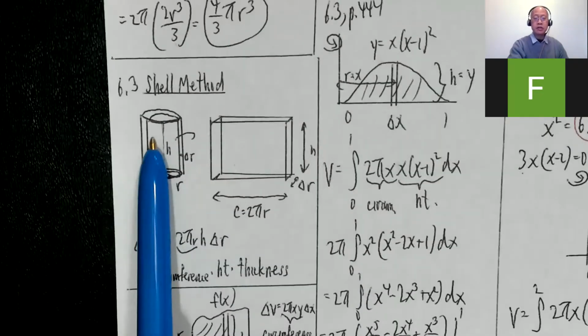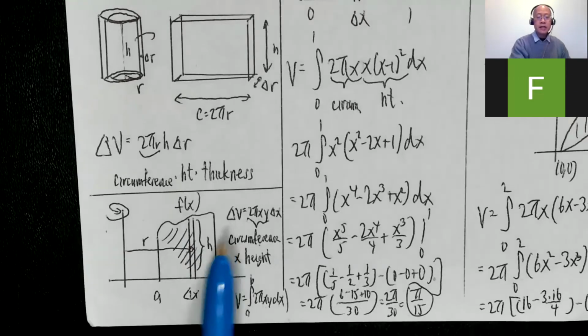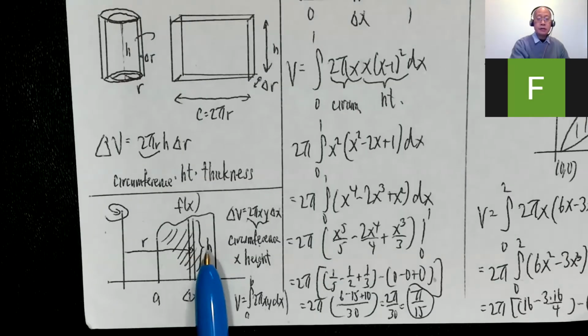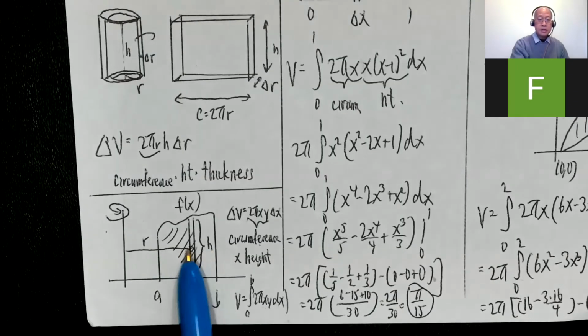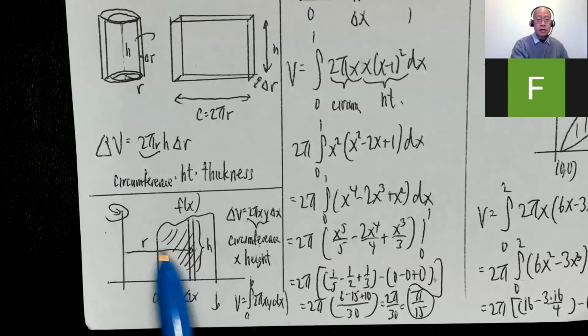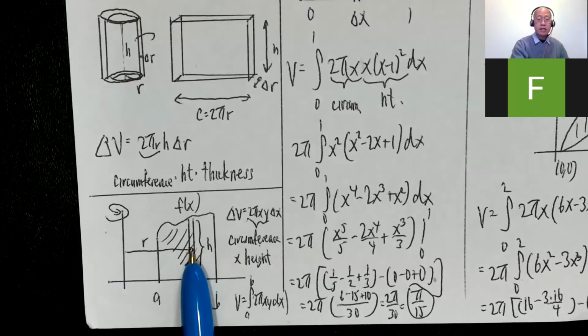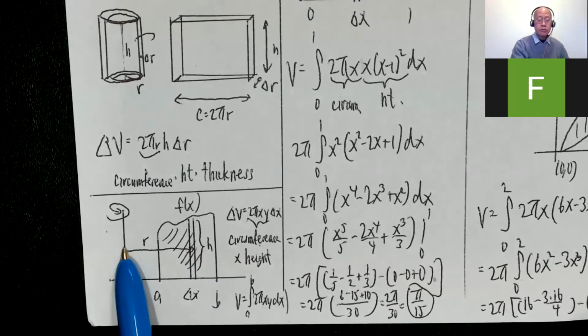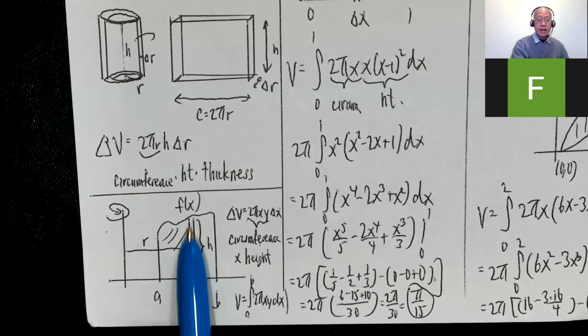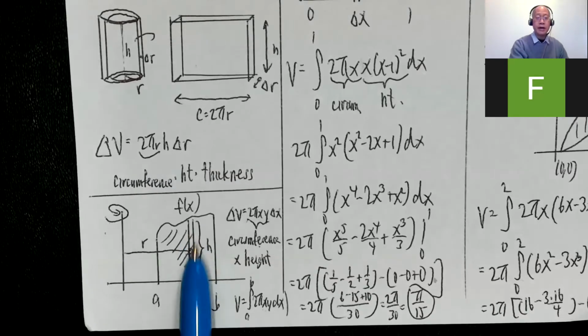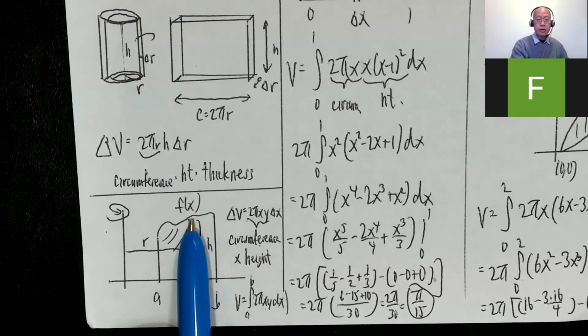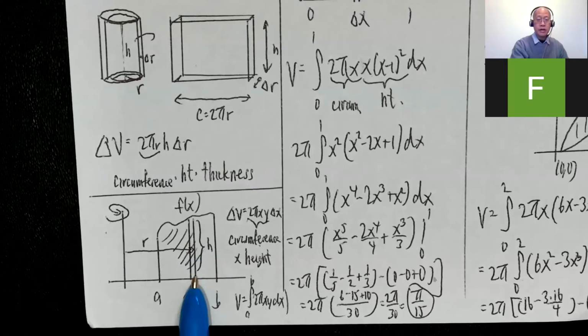That's what tells me to use the shell method. In this picture I need the radius, the distance from here to here, and that's x, the distance from any point to the y-axis. And I need the height, which is f of x, or y, the distance from any point to the x-axis.